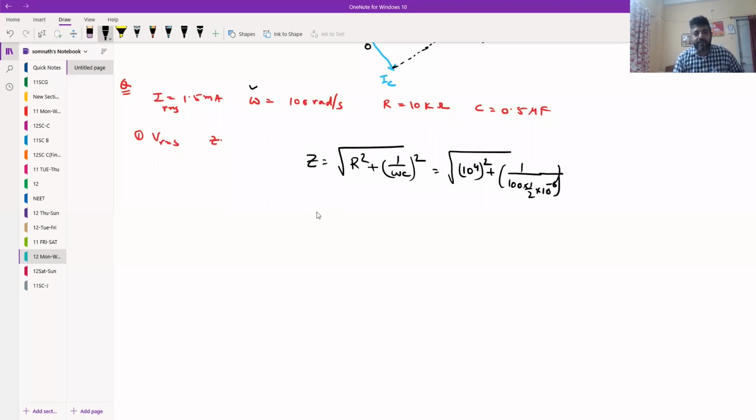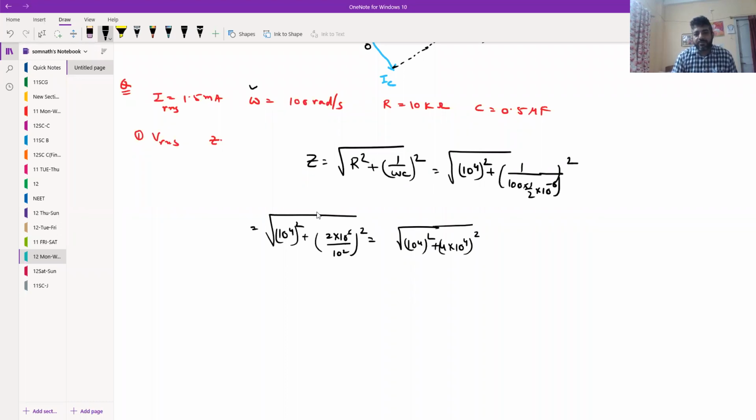So 1 by omega C is 2 into 10 to the power 6 by 10 to the power 2, whole square, that is 10 to the power 4 whole square plus 4 into 10 to the power 4 whole square.